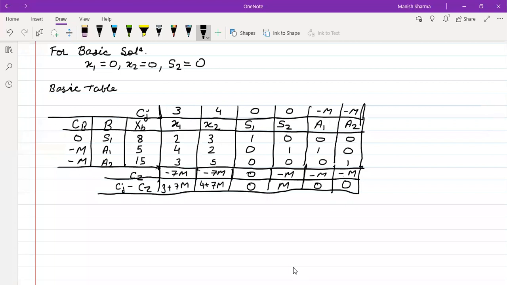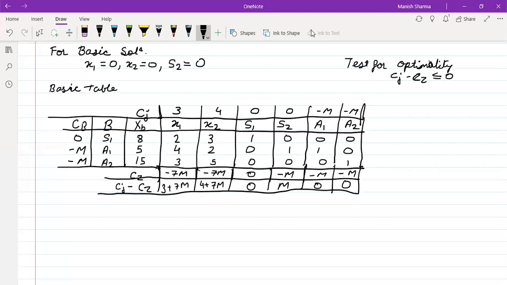Okay. Now, if you remember, what is the test for optimality? Cj minus Zj should be less than or equal to 0, isn't it?